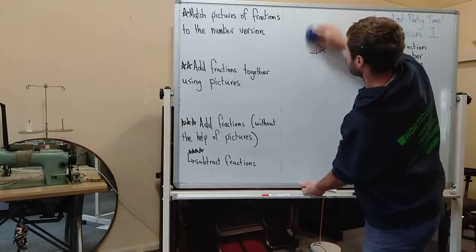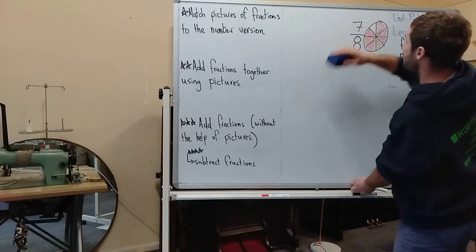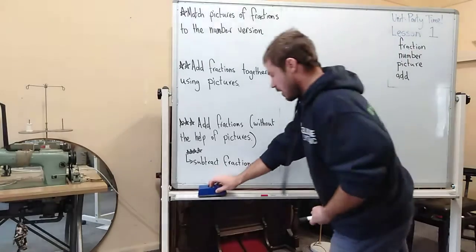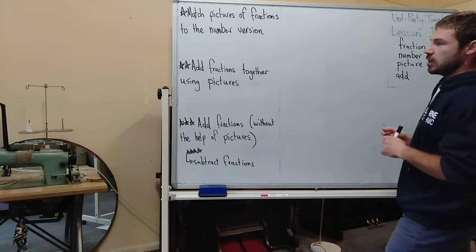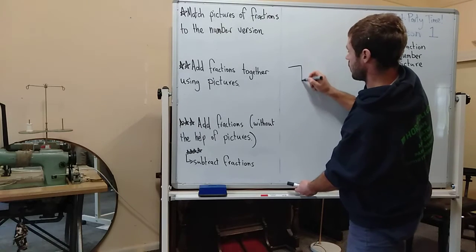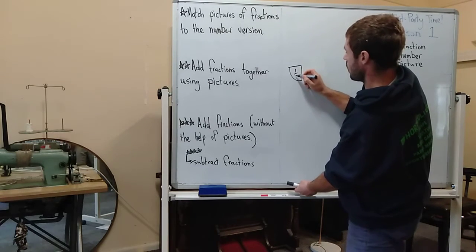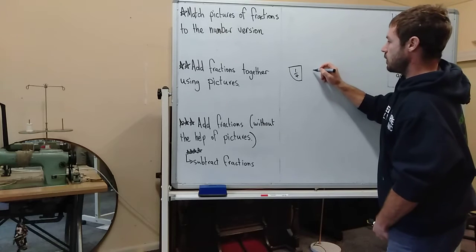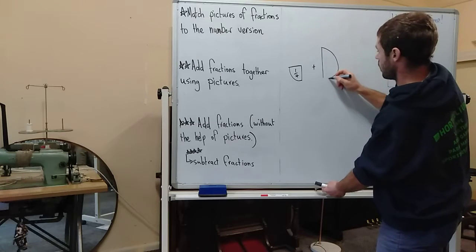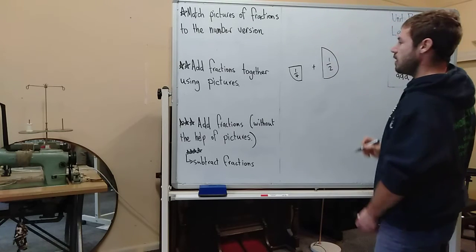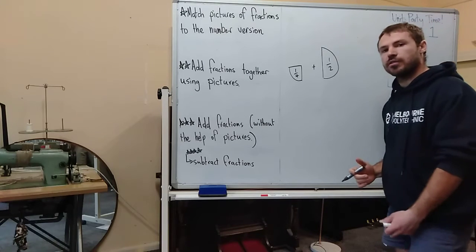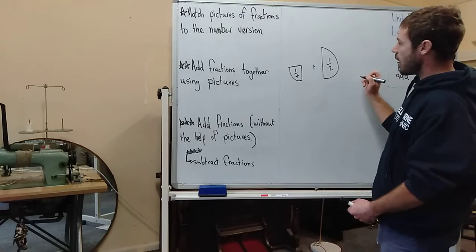The 2-star task, you'll add the fractions together using pictures. So you might be given 2 pictures, let's say 1/4 and 1/2, and you'll be given both the picture and the number version of the fraction, and you'll have to add them together.